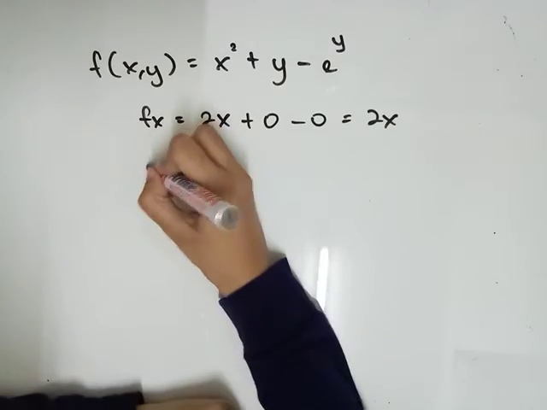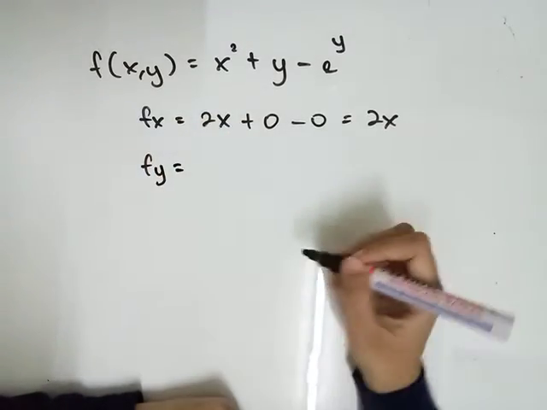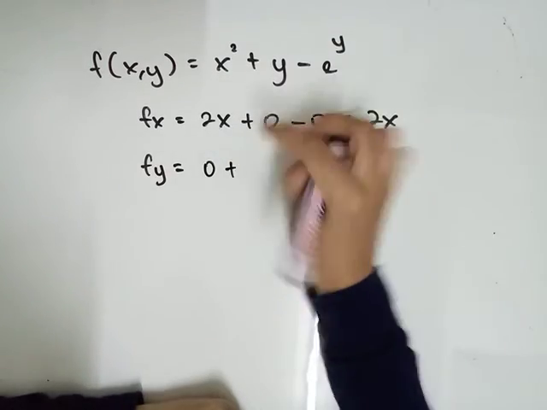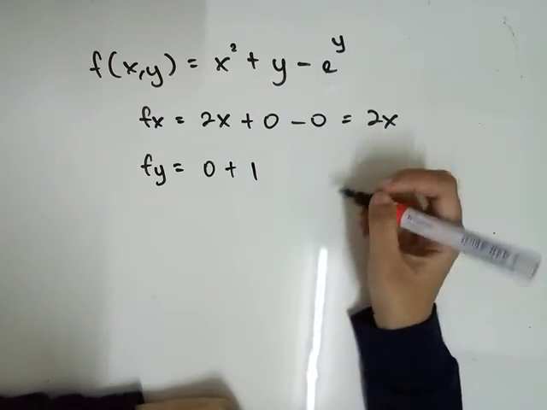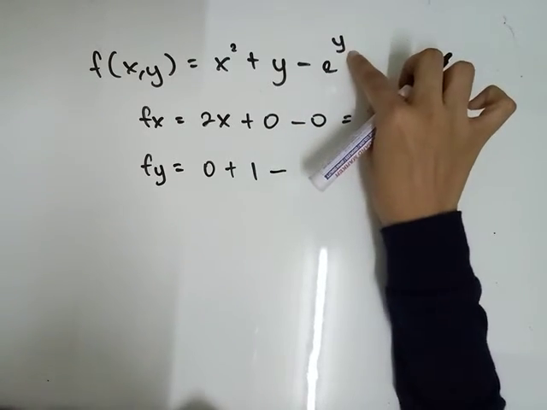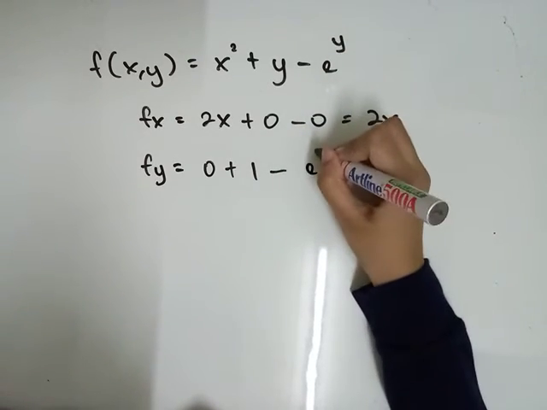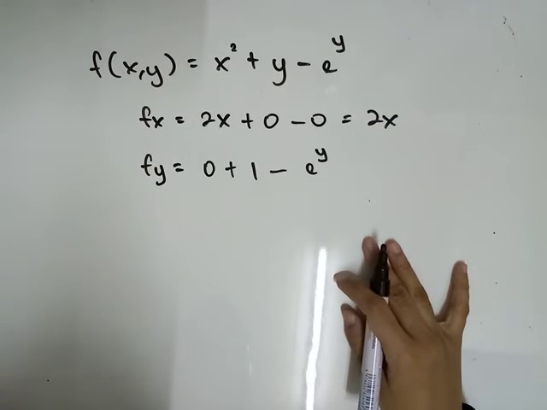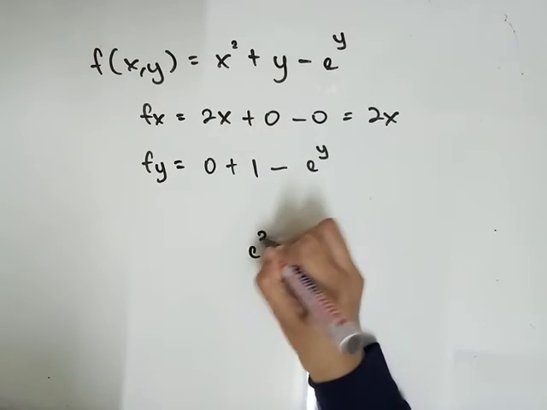What about the partial derivative with respect to y? So x squared, it is 0. Differentiate y, we get 1. Differentiate exponent y, this one is minus. Differentiate exponent y, we get back exponent y. Let's say we have exponent 2y.